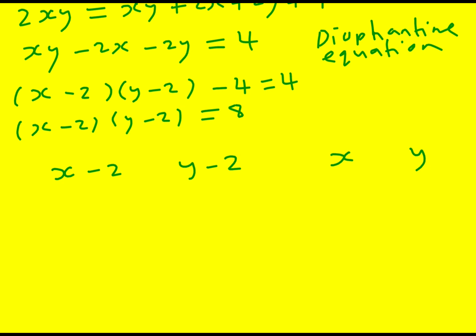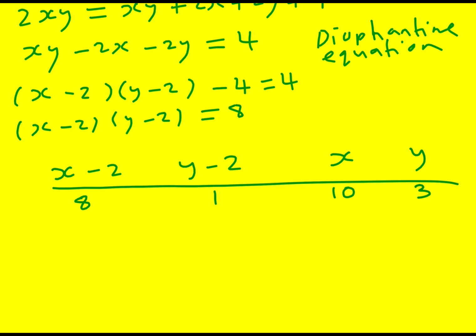Right, first possibility is why don't I make x minus 2 equal to 8? Then that means that y minus 2 would have to equal 1 for them to both be integers and multiply to give 8. And therefore x is going to be 10 and y is going to be 3. This is one possibility that I've found.